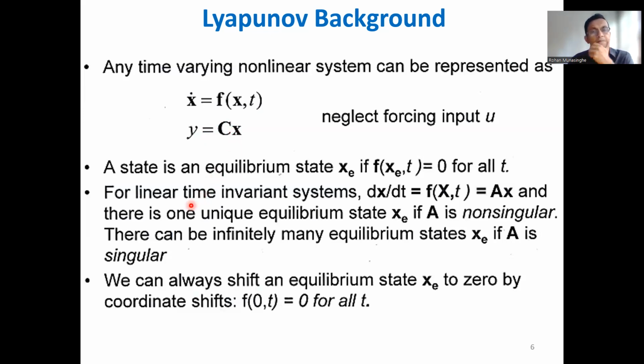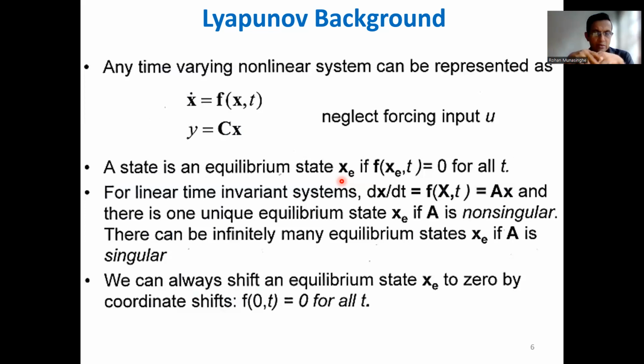Now, we say a state is an equilibrium state, and we give a little subscript E to x to represent it: x_E. So if a plant moves a certain distance, say 1 meter away from here with zero velocity and zero acceleration, that is a stable point.